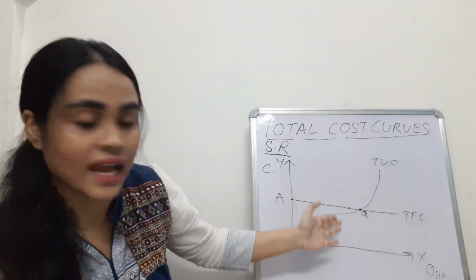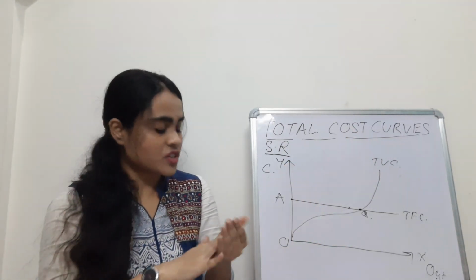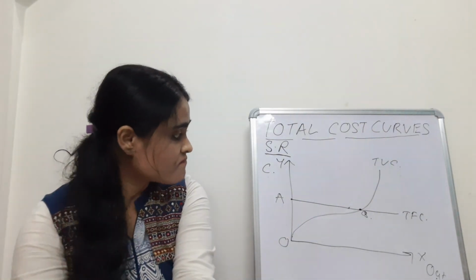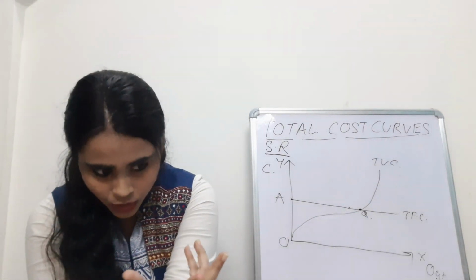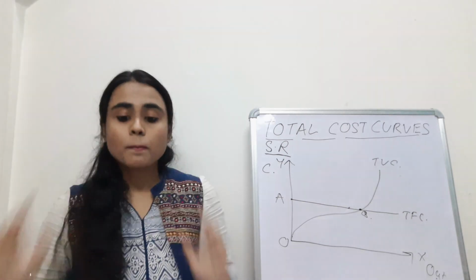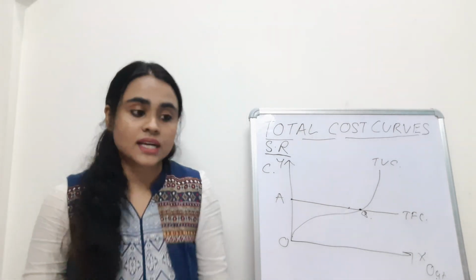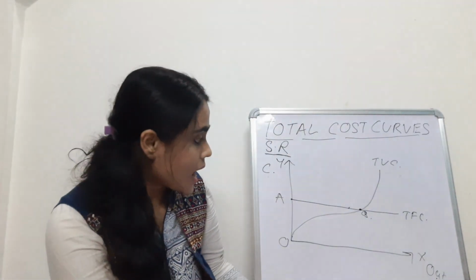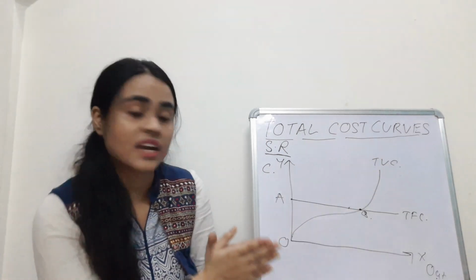So why is it like that? This is why the shape of the TVC curve is like that. This is because of the law of variable proportions. Now what is the law of variable proportions? TVC increases at a decreasing rate, as we have seen in the values, and then increases at an increasing rate.